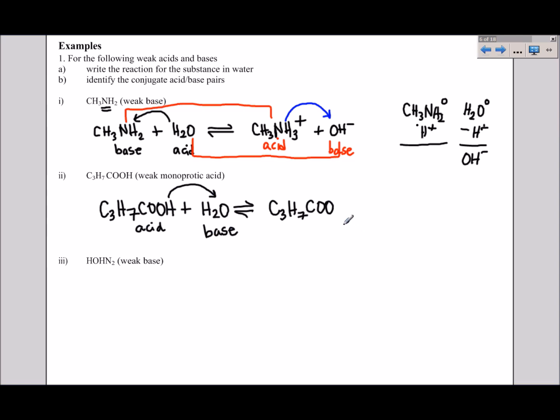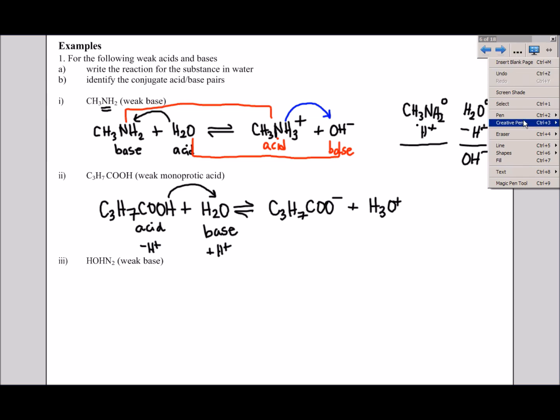Okay, so the atoms that I have left are C3H7COO, and the charge here, I've taken away H+. So I had no charge, and I've taken away one, so I'm left with a negative charge. The water, I've added an H+, so I'm left with H3O+, okay, which is our hydronium ion.